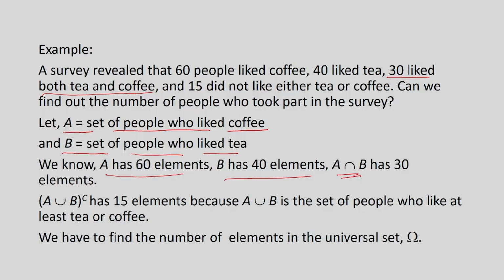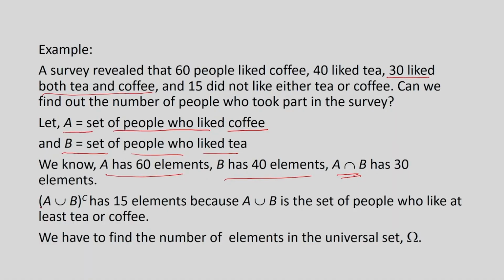And we also know the last information that we have is 15 did not like either tea or coffee. Now, what is this set we are talking about? People who do not like either tea or coffee, right. So, how do we represent this in terms of these notations? And we represent this by this: A union B whole complement.